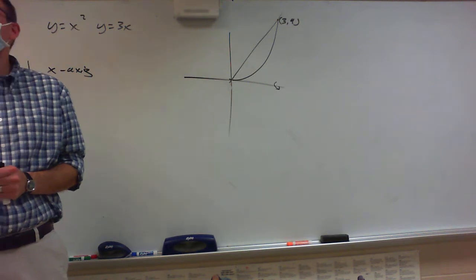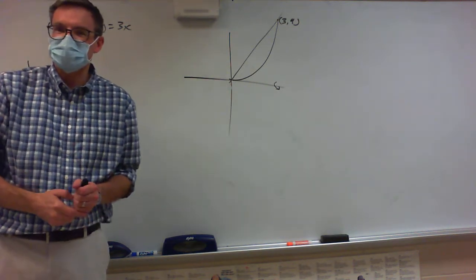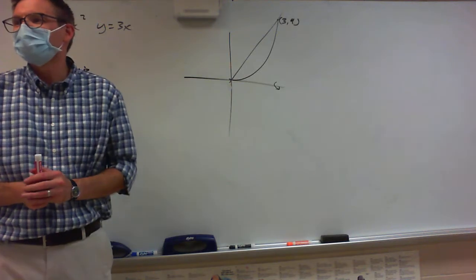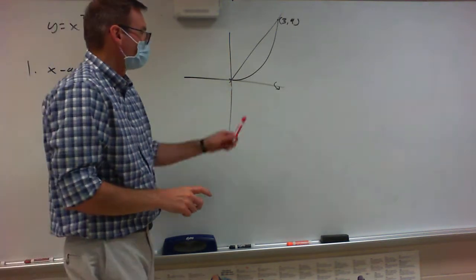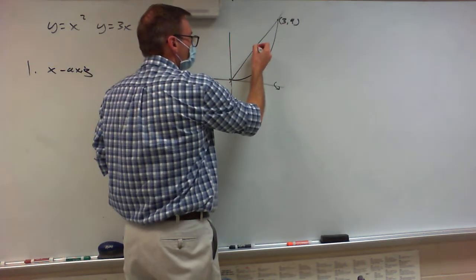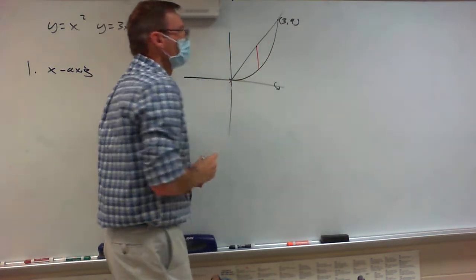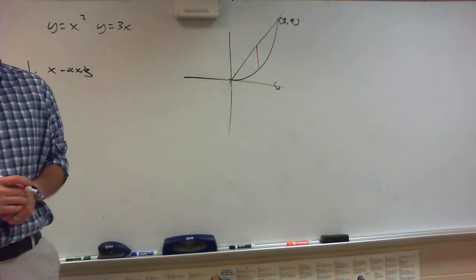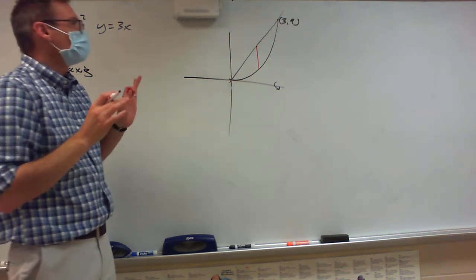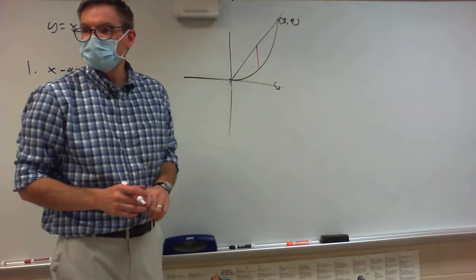Your rectangle has to be perpendicular to your axis of rotation. So is my rectangle vertical or horizontal? Vertical. Are we okay? So we're going to draw our vertical rectangle, our representative rectangle. And everything we do hinges on spinning this around.